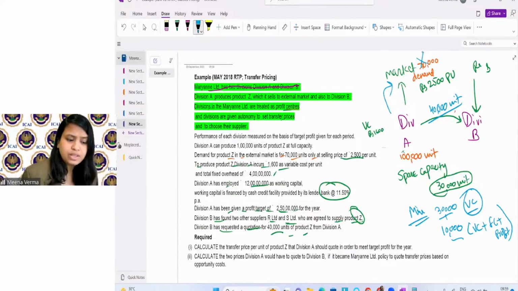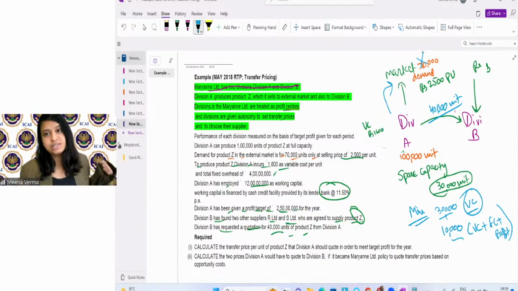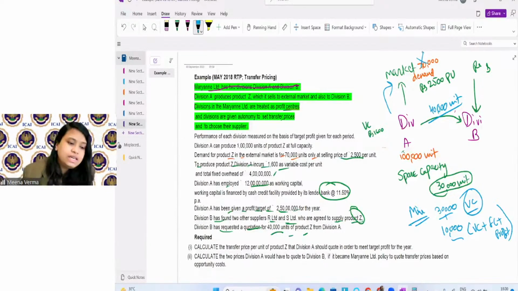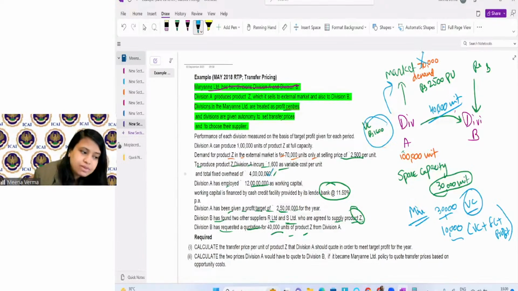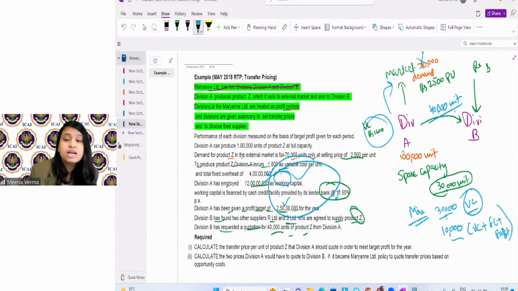In this way, they will decide the transfer price considering everything. So the answer will not end up with just the variable cost of 1,600. What do we have to do here? They have some fixed cost. They have some working capital, and there is an opportunity cost in that, which we will consider. What profit they want to earn. We consider these three things, and accordingly decide the selling price, the transfer price, the minimum transfer price.